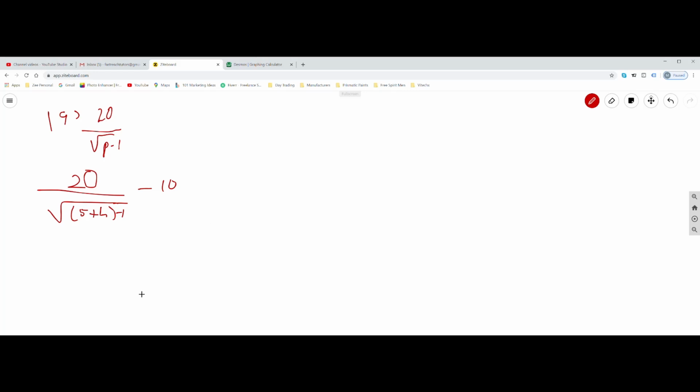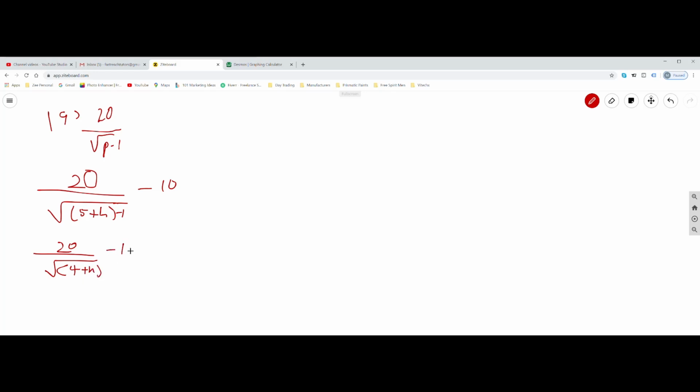Now we're going to simplify this even more. So it'll be 20 over square root of 4 plus h minus 10.